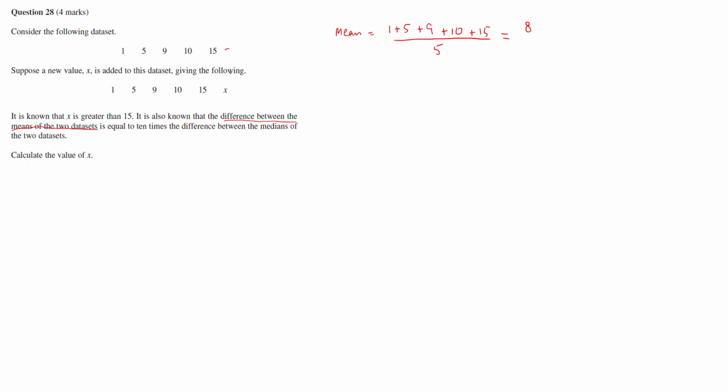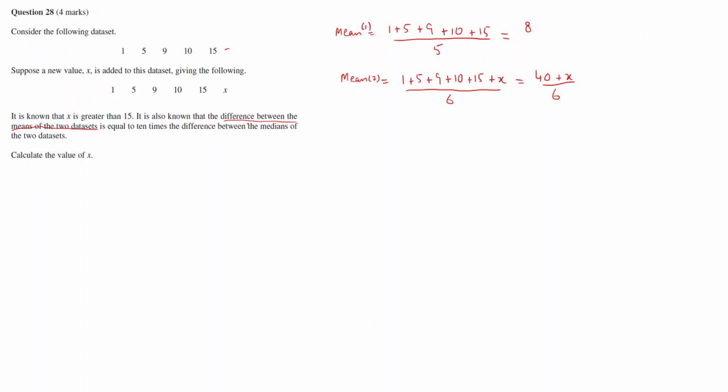Mean of the second data set: again the same process, 1 plus 5 plus 9 plus 10 plus 15 plus x divided by 6, because there are 6 observations now. Let's simplify it a bit. This becomes (40 plus x) divided by 6.